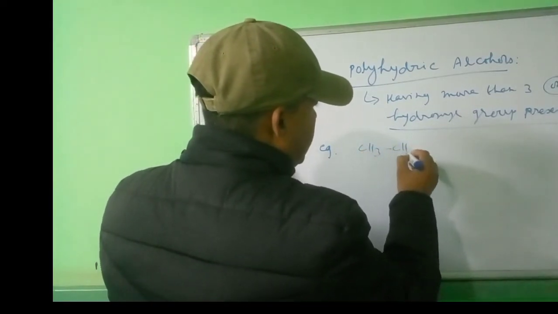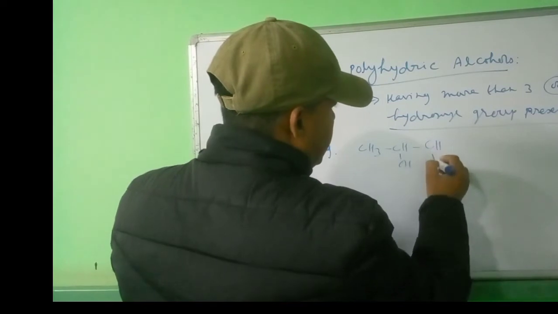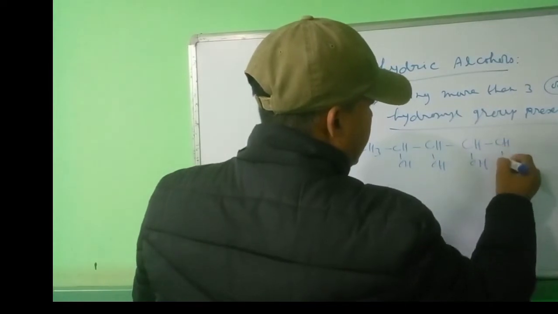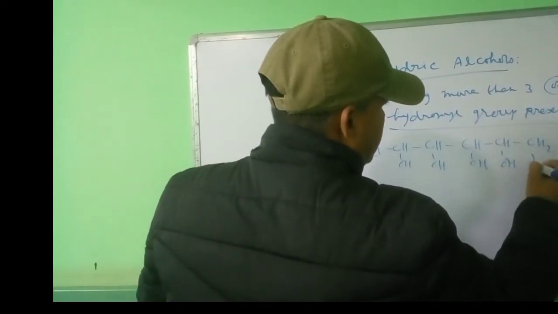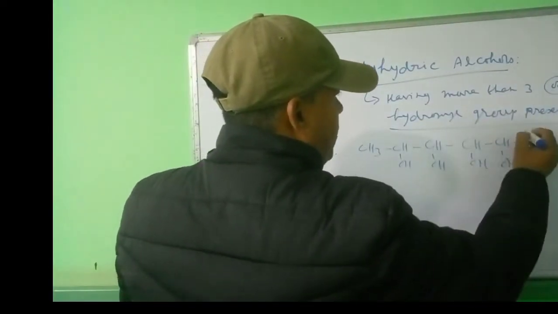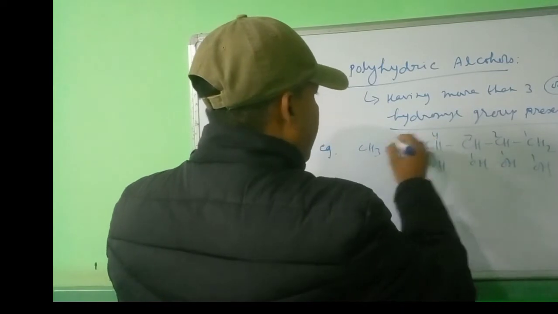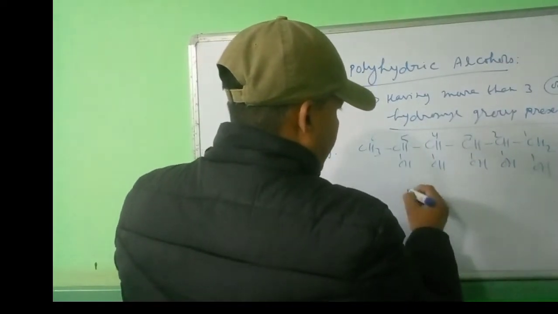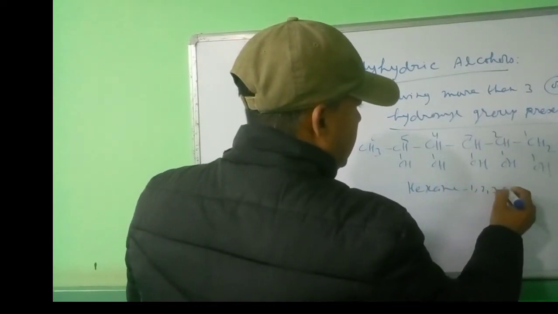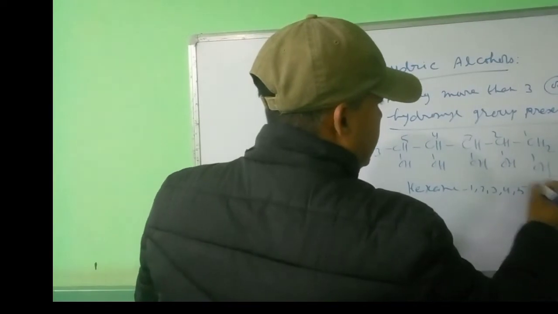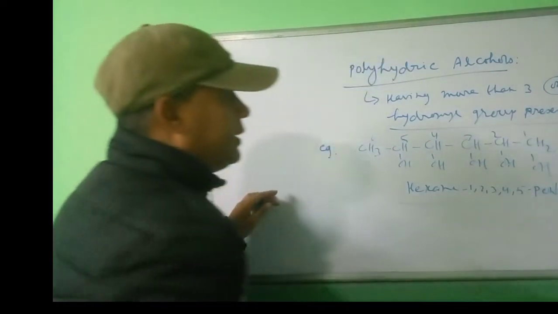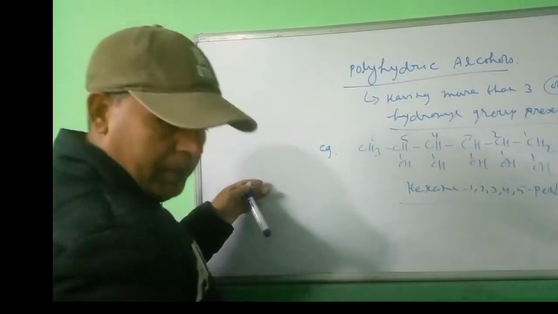CH3, CHOH, CHOH, CHOH, CHOH, and CH2OH. So the total number of carbons is 6. So hex is the word root, hex plus ane, hexane, 1,2,3,4,5, how many times? 5 times. So penta plus ol, pentol. This way we can write the name of the compound.